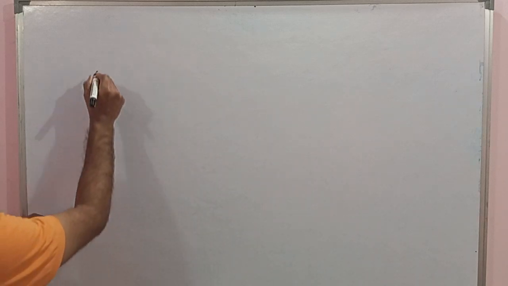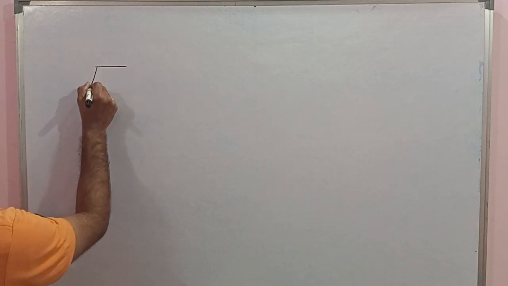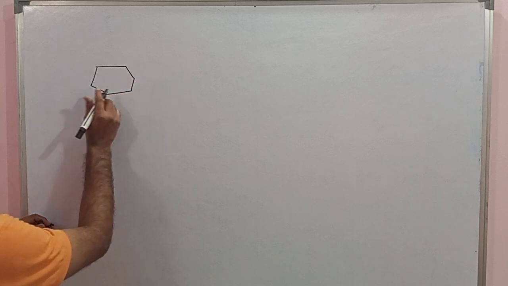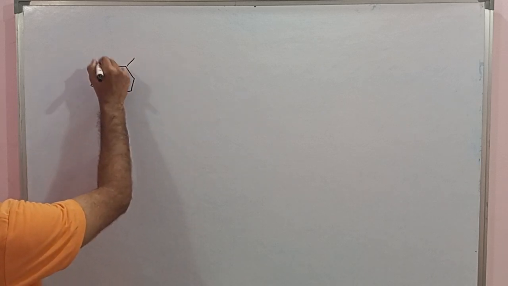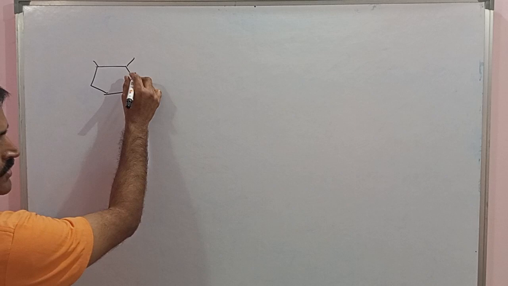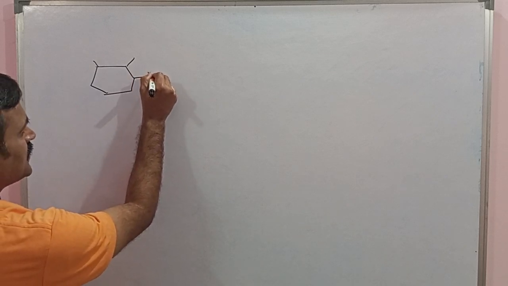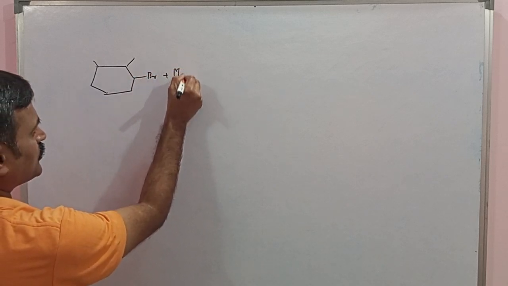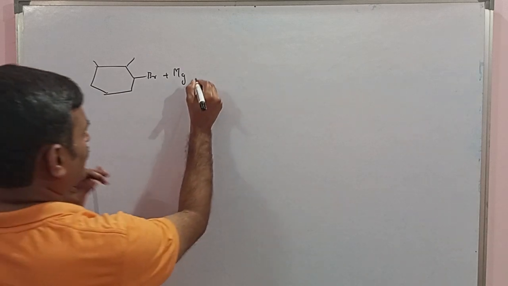Okay, dear students, let us see whatever they have given. First, the hydrocarbon we will take down like this, with one bromine present here. With magnesium you are treating in dry ether.